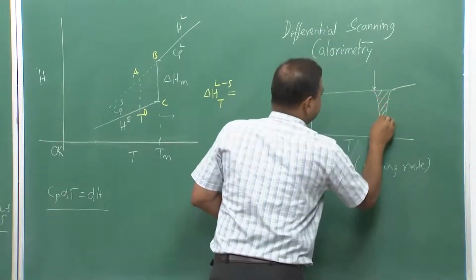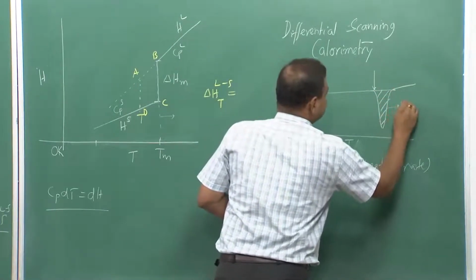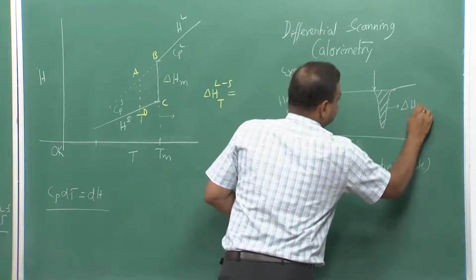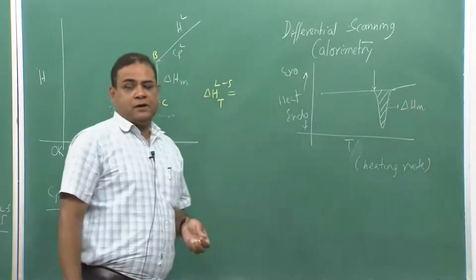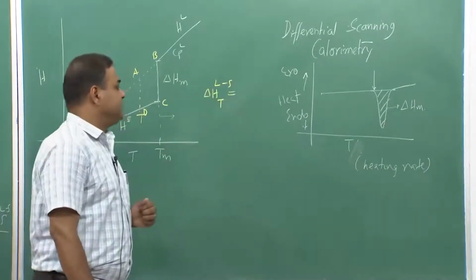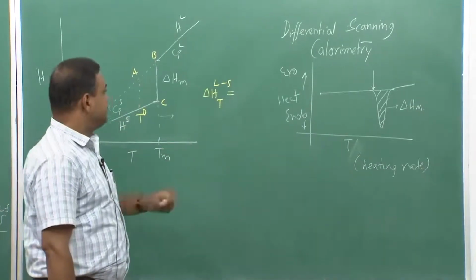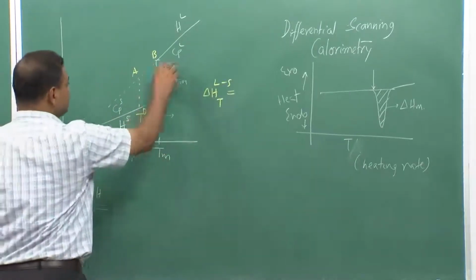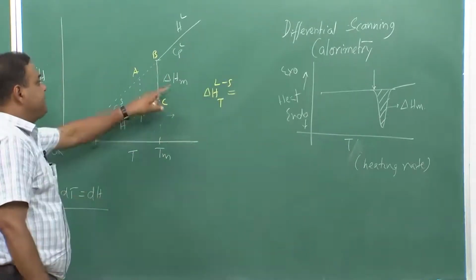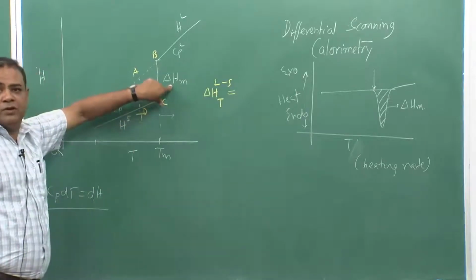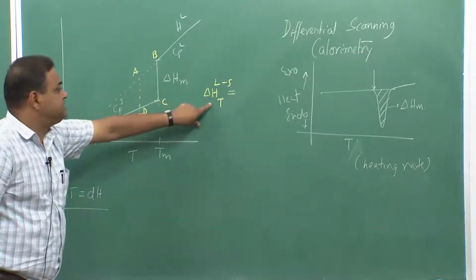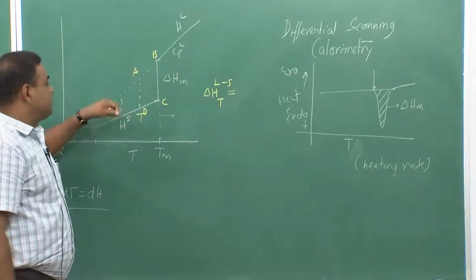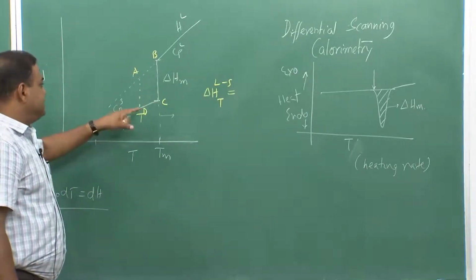Now, if this is my exo heat, that is, this is endo heat, so at the lower side, and this would be my melting point, and the area under this graph is nothing but del Hm.